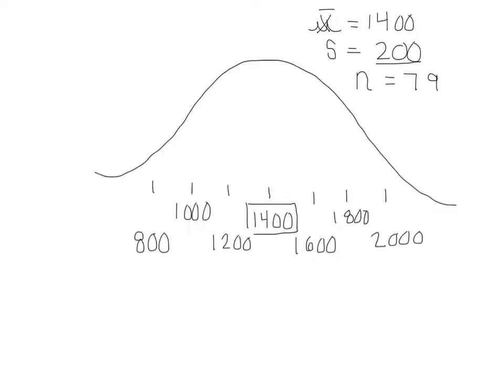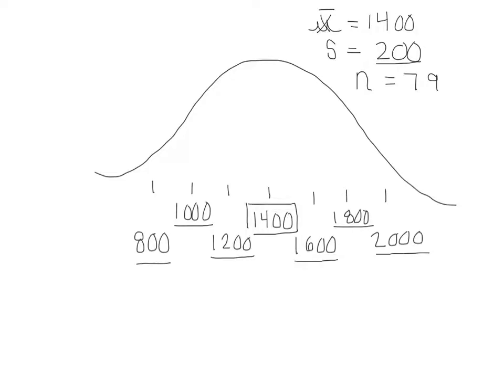So you notice that I count out 200 above 1,400. That's one standard deviation above the mean. 200 above that is two standard deviations above the mean, and so on. When I go below the mean, if I go 200 below the mean of 1,400, I'm at 1,200. If I go another standard deviation, I'm at 1,000. And if I go a third standard deviation, I'm at 800.